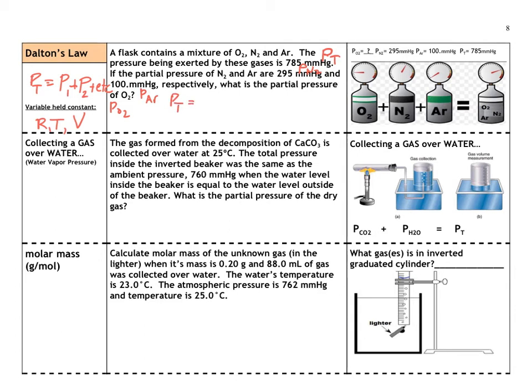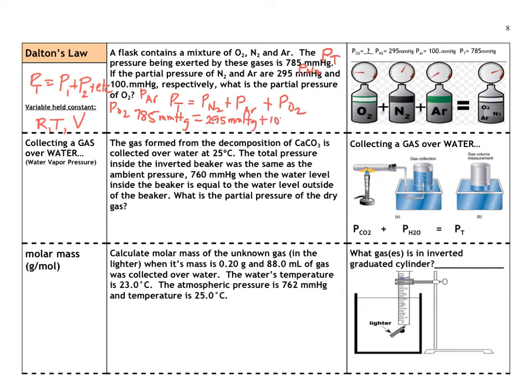So once again, Dalton's law says that the total pressure equals the partial pressure of all the gases that are in the container, including nitrogen, argon, and oxygen. So plugging them all into the equation, you've got 785 millimeters of mercury for P total. Partial pressure of nitrogen is 295 millimeters of mercury.